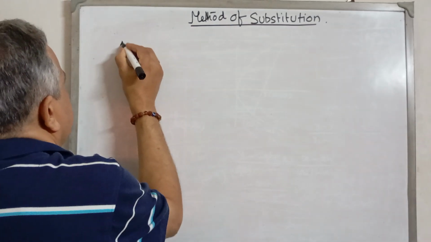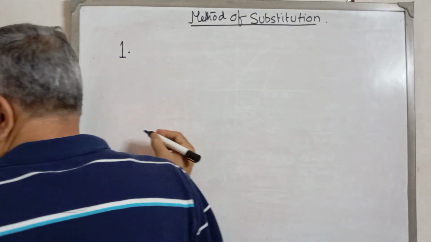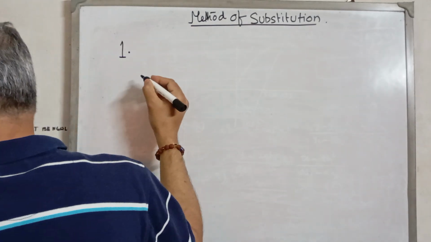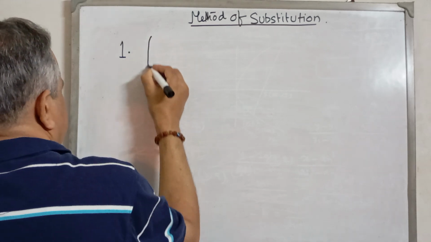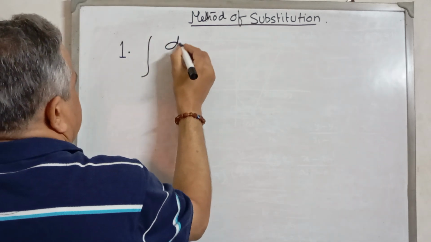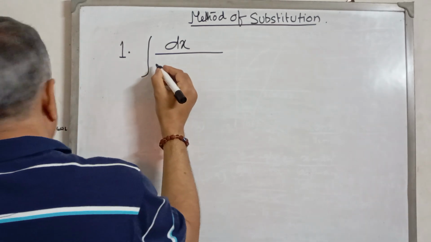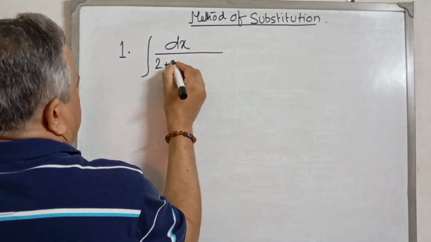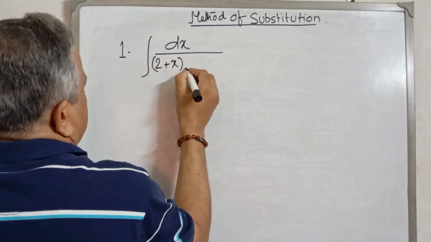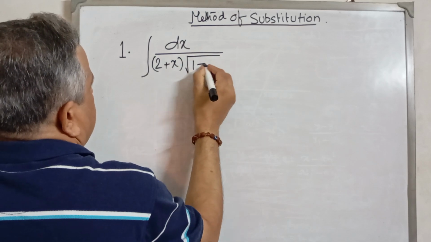Sum number one is the integration of dx by (2 plus x) root over (1 plus x).